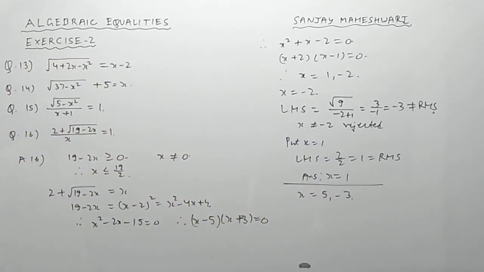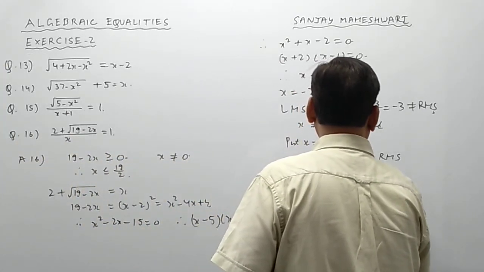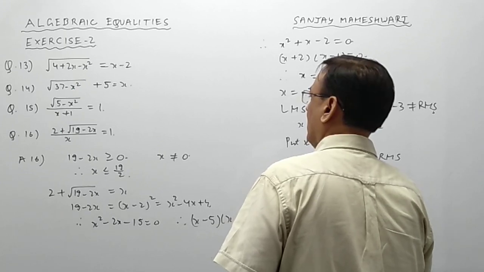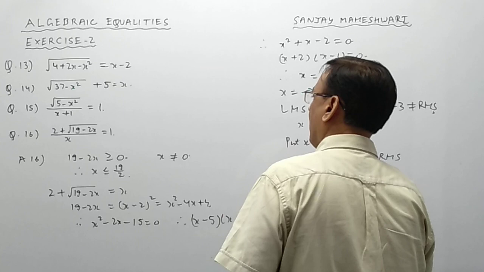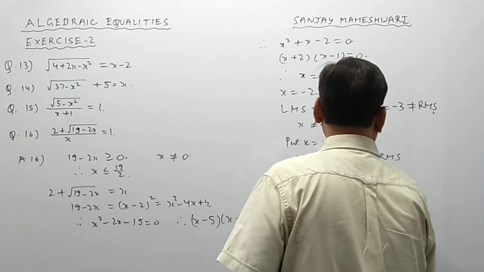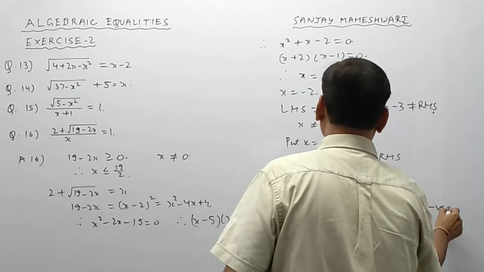Now again we will check up. On this side the numerator is positive always, and the denominator, if you put x equal to minus 3, will be negative. Check with x equal to minus 3. 2 plus 5 divided by minus 3, that is equal to 7 by minus 3 is equal to negative.